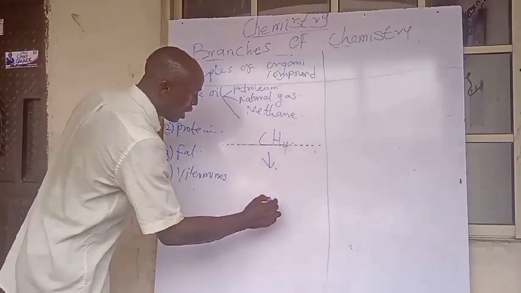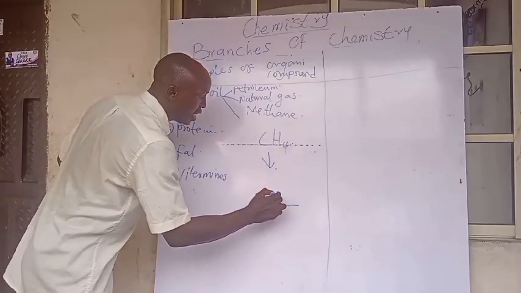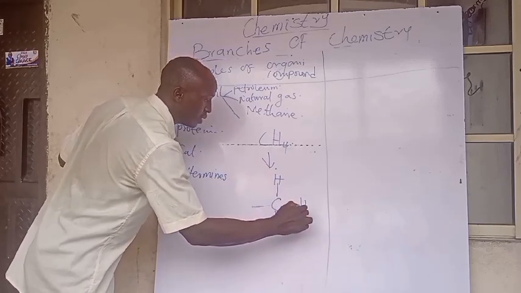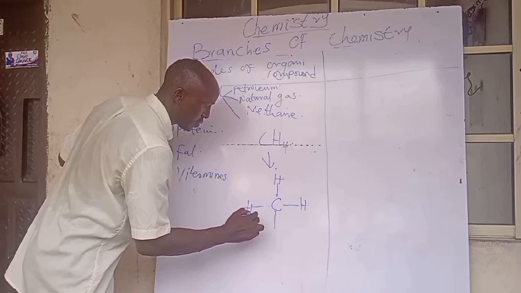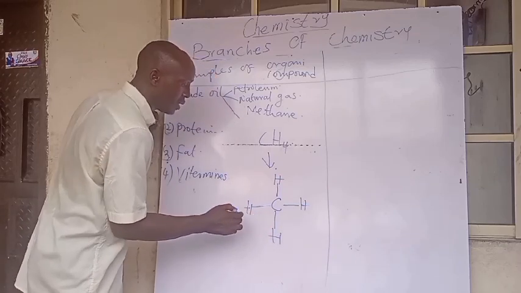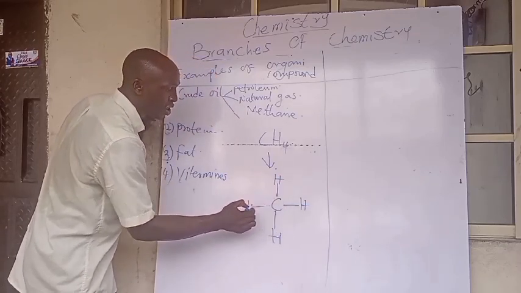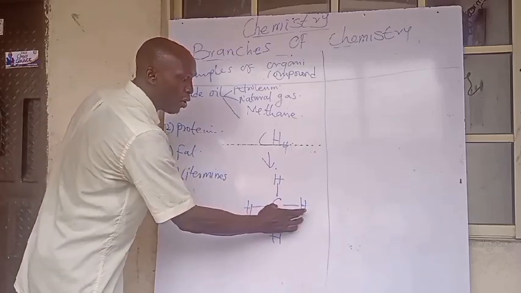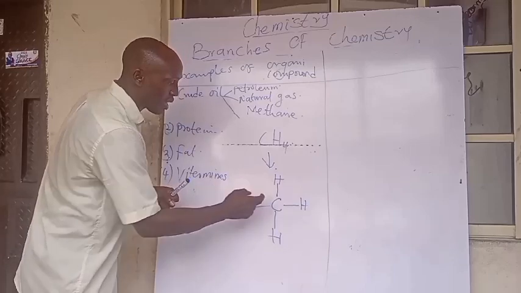It means that you have carbon sharing electrons with hydrogen. These lines here show the carbon-hydrogen bond. This is it, carbon-hydrogen bond.